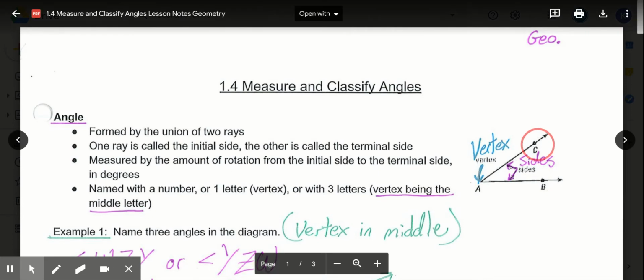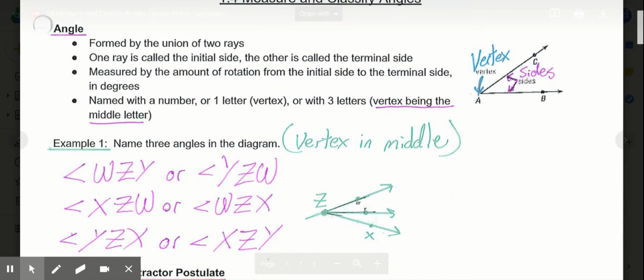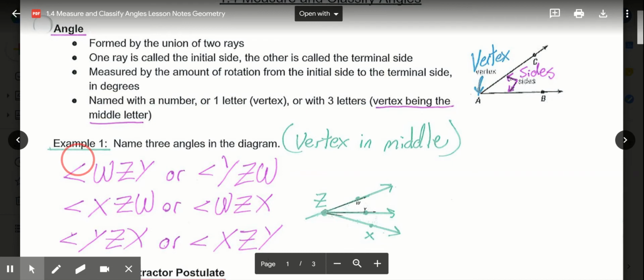Then ray AC and ray AB make up the two sides of our angle. So when we're naming an angle, we could name this angle CAB or BAC. That doesn't matter as long as the vertex is in the middle. The other way we could name this angle is simply angle A. And the angle symbol looks rather similar to the less than symbol right there.